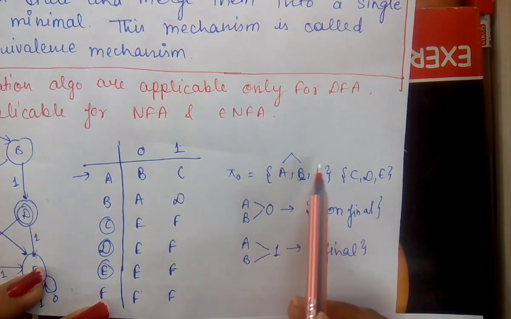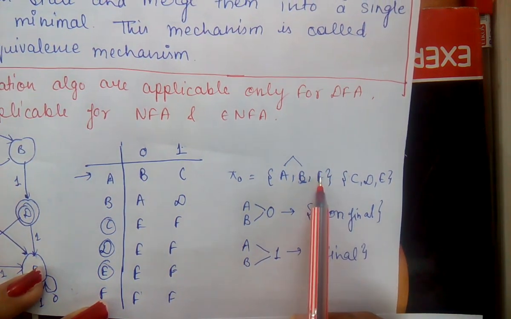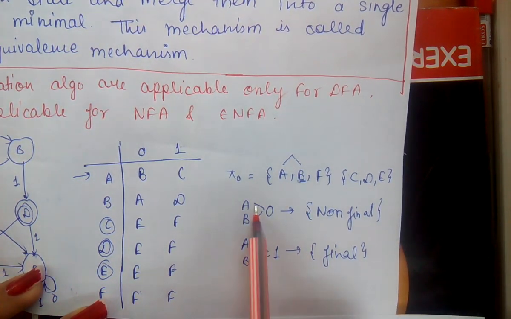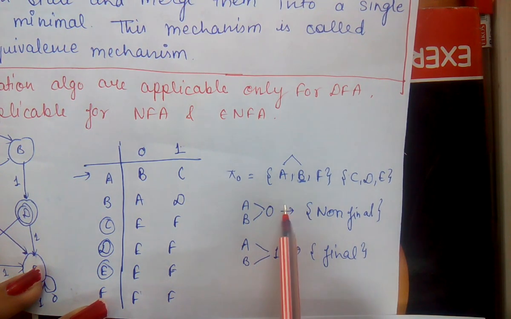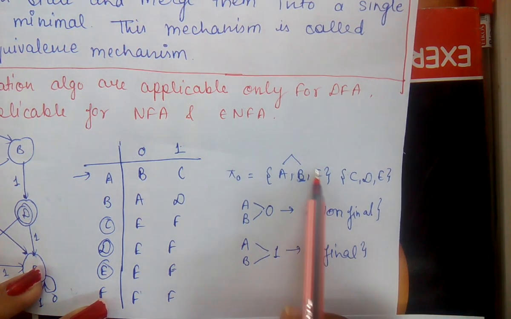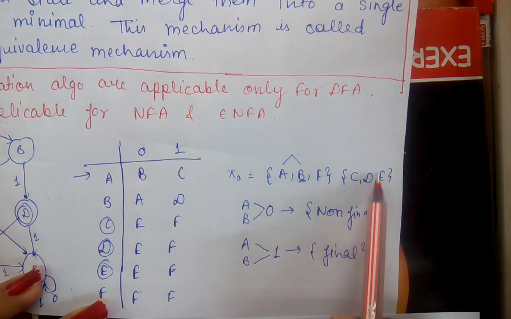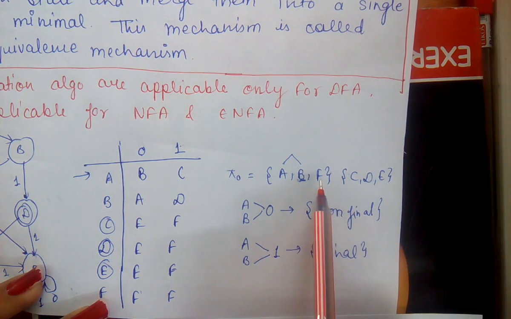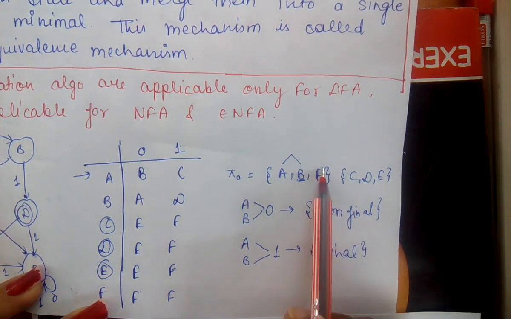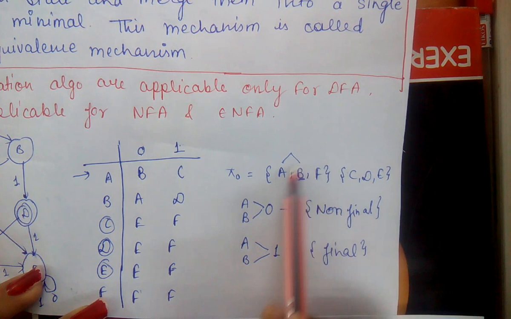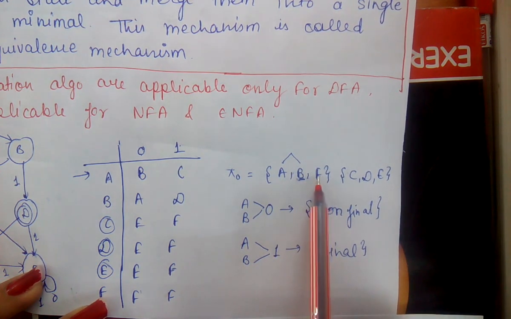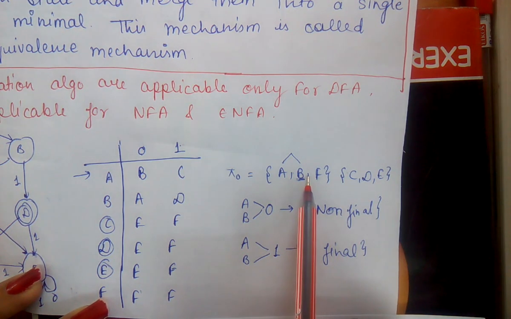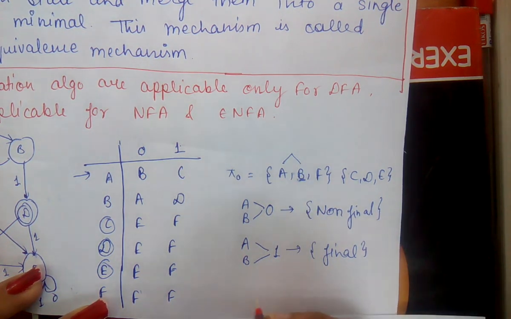Means F's behavior is different from the behavior of A and B. A and B on 0 belong to non-final, and on 1 they belong to the final set. But F, on 1 or 0, goes to itself only, means in this set only. So F's behavior is different from the behavior of A and B, so we split F, or we make another set for F.